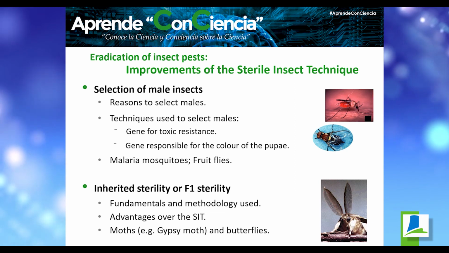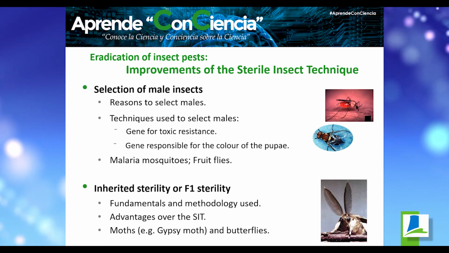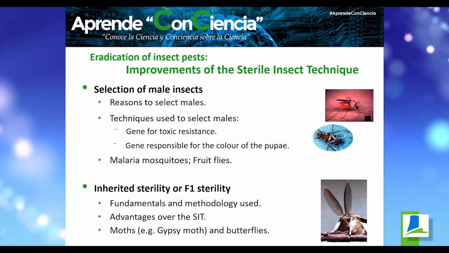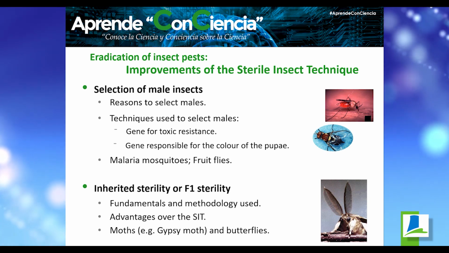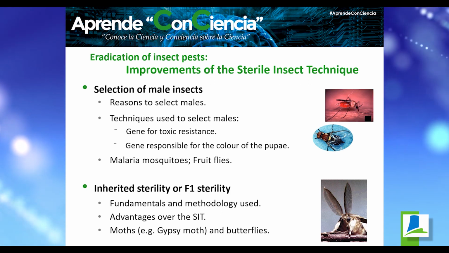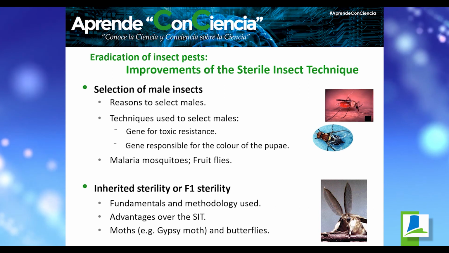At the same time, the lower dose of radiation used to induce this sterility increases the quality and competitiveness of the released insects. The technique is mainly used with lepidopteran pests, for example moths and butterflies.